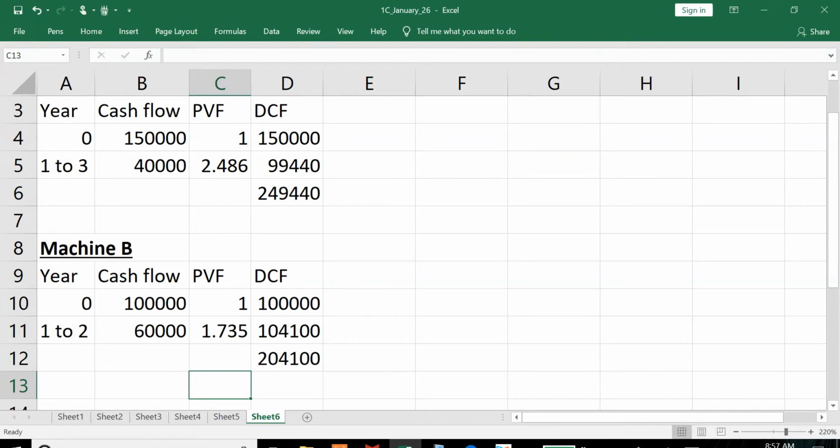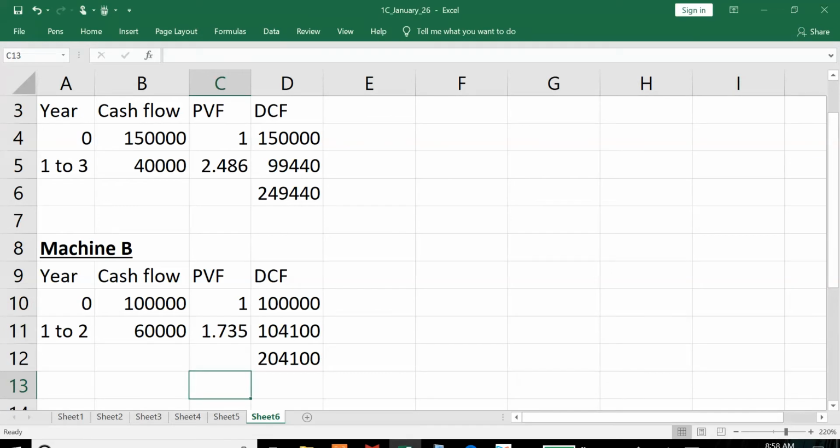You will calculate the present value of outflow.